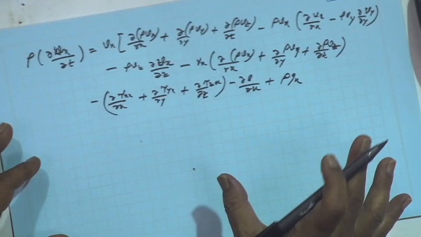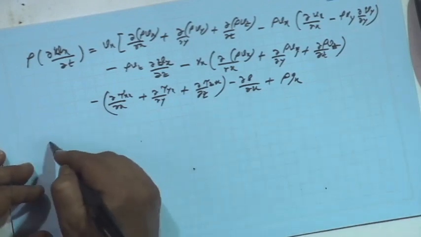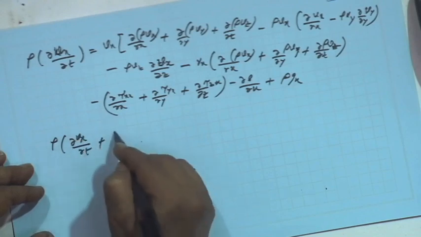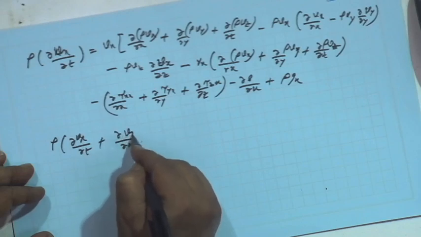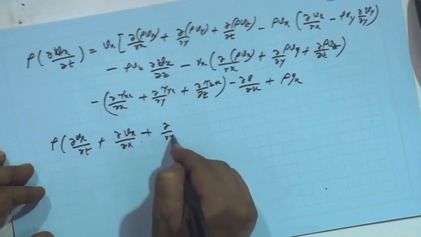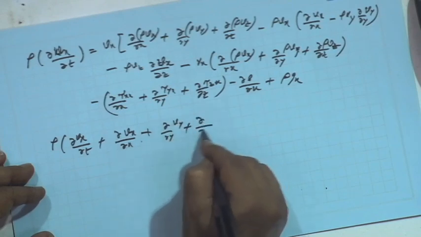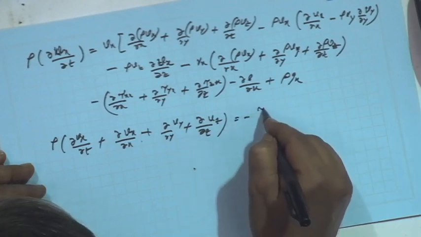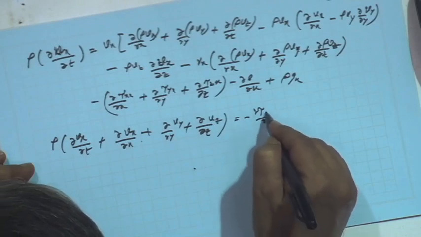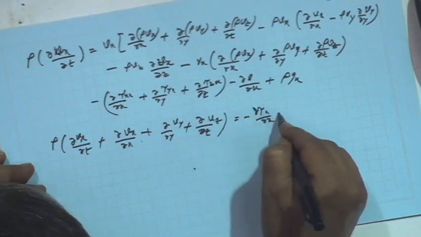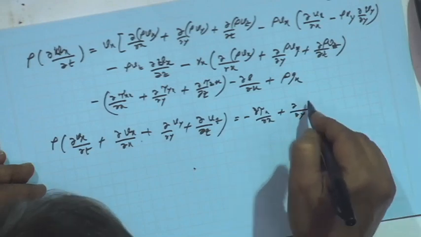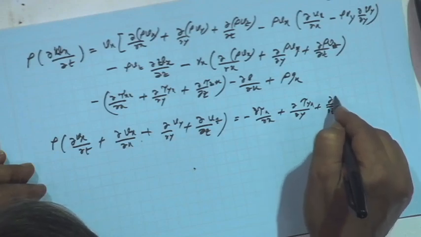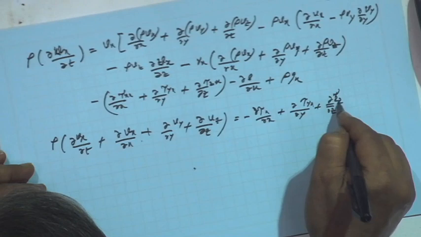So, this we can write further that we can say that rho del Vx del t plus del x of Vx plus del y of Vy plus del z of Vz, this is nothing but minus del x of tau xx plus del y of tau yx plus del z of tau zx, right.